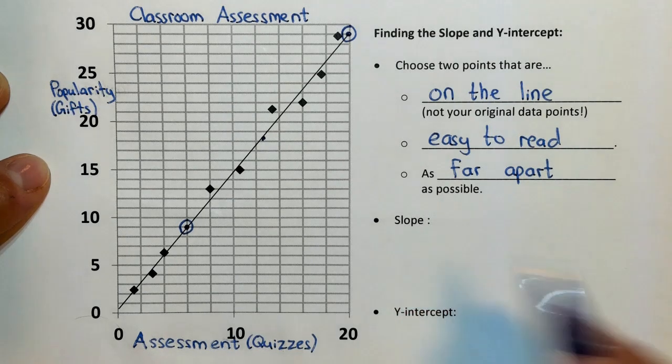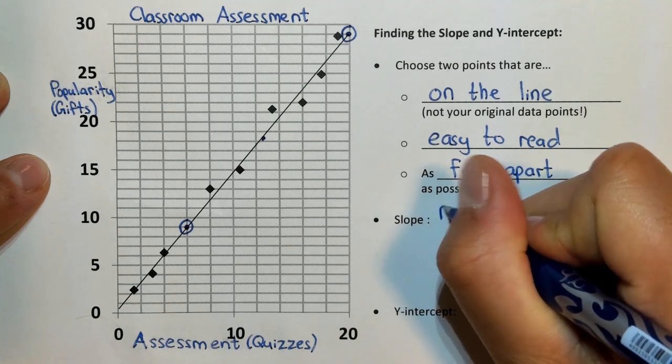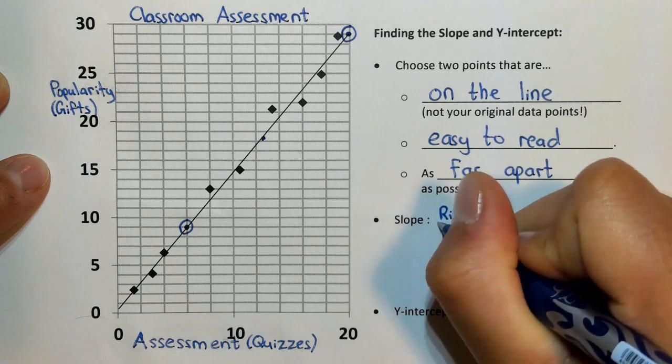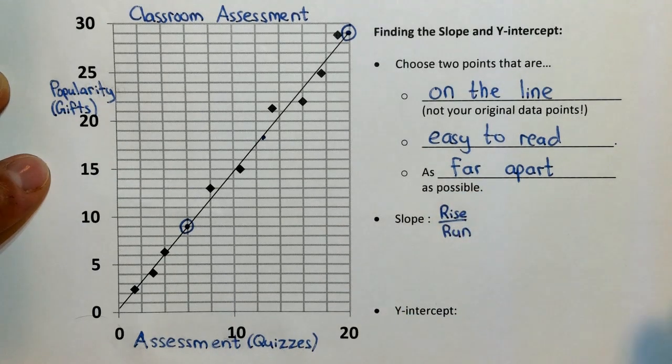So now let's calculate slope. Remember the formula for slope is rise over run. So if we want to get a number for our slope, we're going to plug in numbers for the rise and for the run.